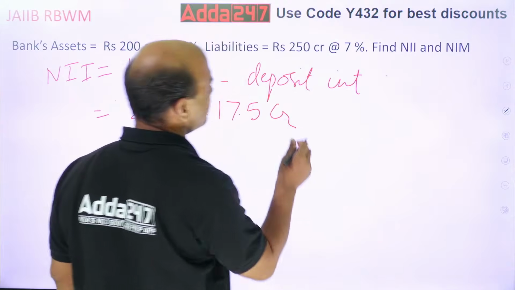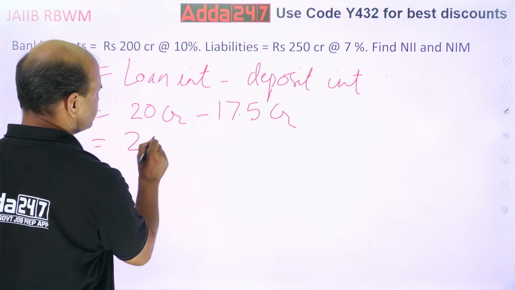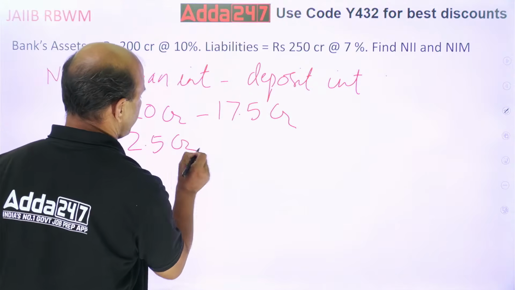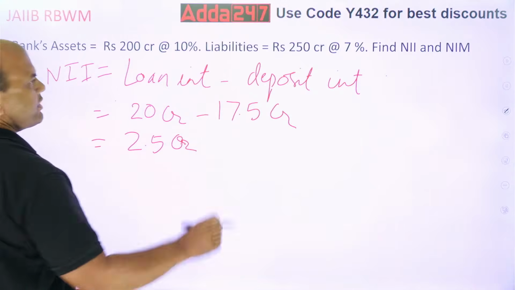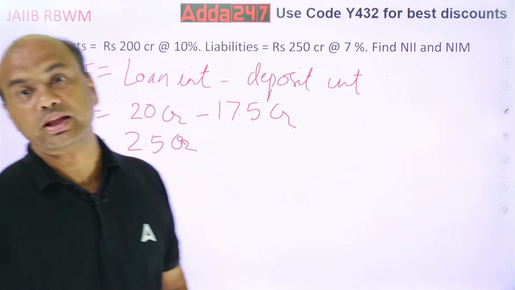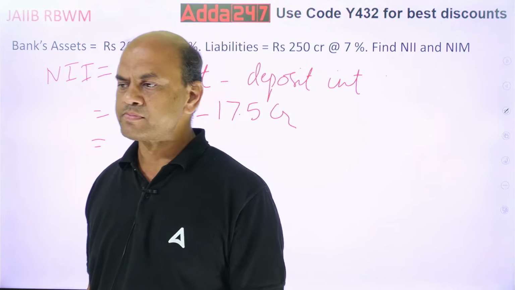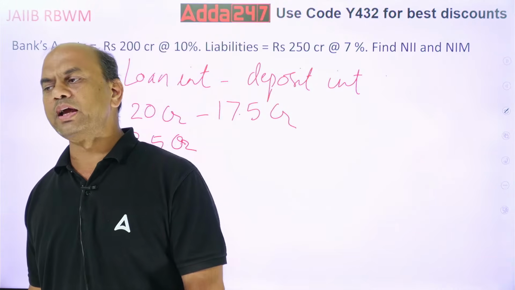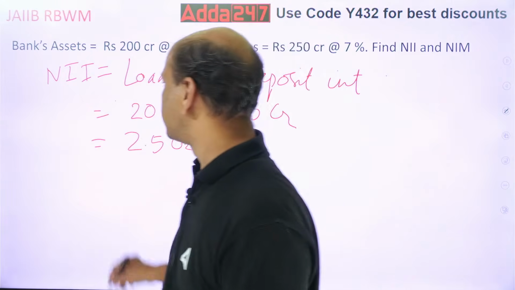So what will be your NII? 2.5. Okay, crores. 2.5 crores. So this is your NII. So you got NII now? Got it? Now NIM. What is NIM?